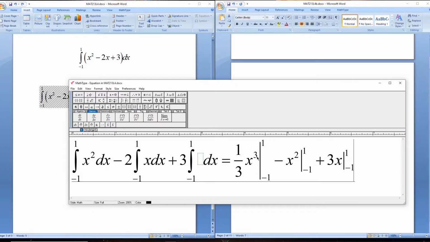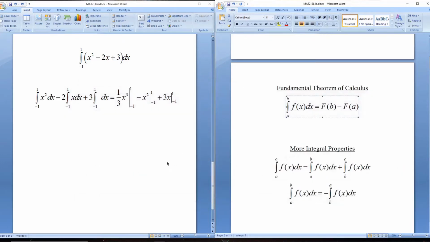A little unfortunate the program doesn't keep all those bars the same height, but there you go. So these are our answers so far. We did the antiderivative, and that's what you did in the last homework. And now we have this new notation, this bar, and again, the bar indicates the fundamental theorem of calculus.